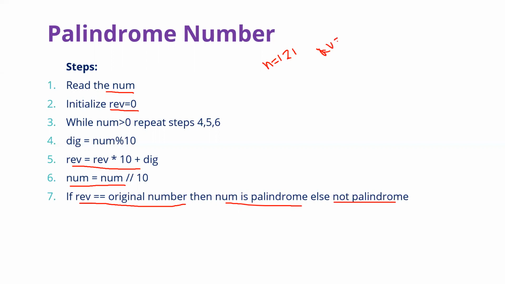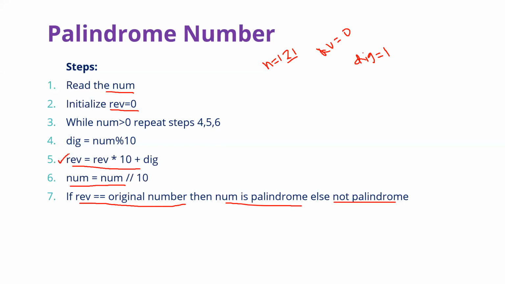Reverse equals 0 and while number is greater than 0, 121 is greater than 0. So calculate the digit. Now take the variable digit. Digit is equal to number modulo 10, meaning 121 mod 10. By dividing 121 by 10, you get the remainder 1. Digit equals 1.